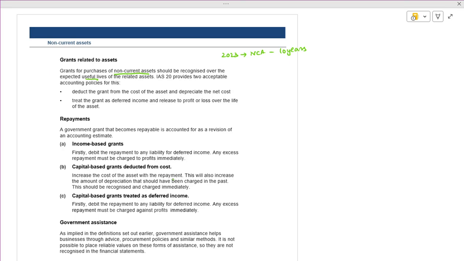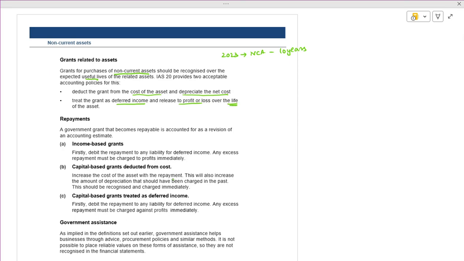IAS provides two acceptable policies: deduct the grant from the cost of the asset and depreciate the net cost, or treat the grant as deferred income and release it to the profit and loss account over the life of the asset.